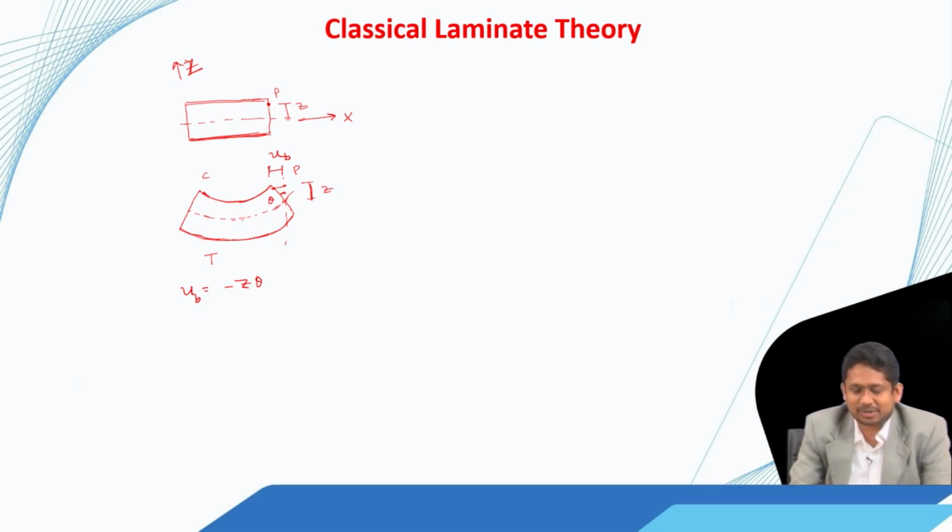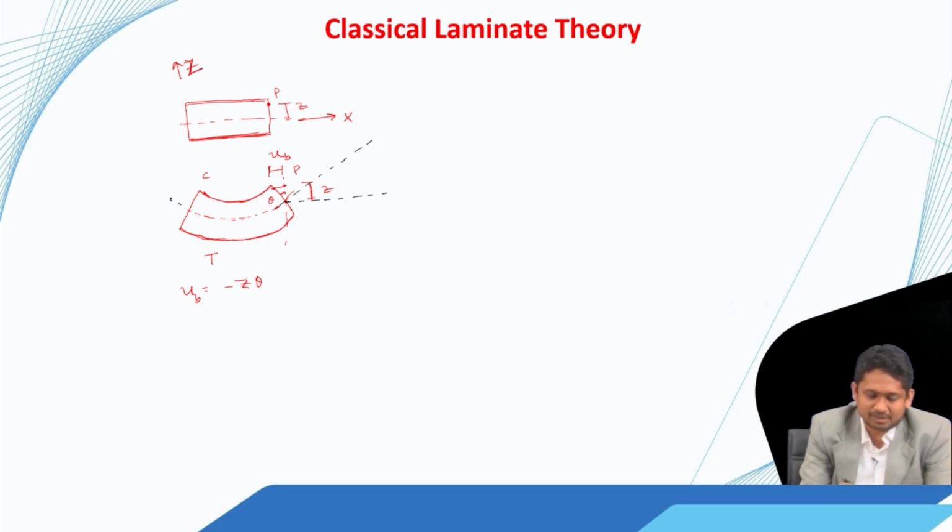Now, the question is, what is this angle theta? To understand that angle theta, let us draw a line here tangent to this deformation line, and let us draw a line parallel to x. Now, this line signifies our displacement along w as a function of x.